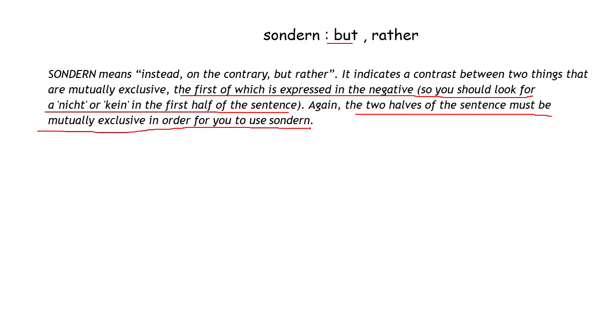So normally we use aber, but if the first part has a nicht or kein, some negative, and the second part is mutually exclusive to that part, then we can use sondern. So for sondern we need to check for nicht and kein in the first part. The second part should be mutually exclusive.